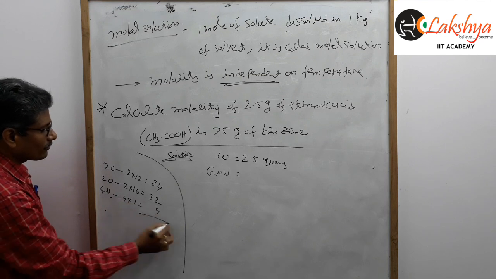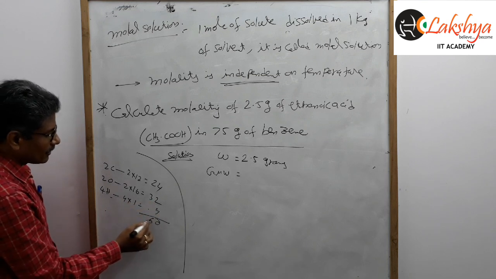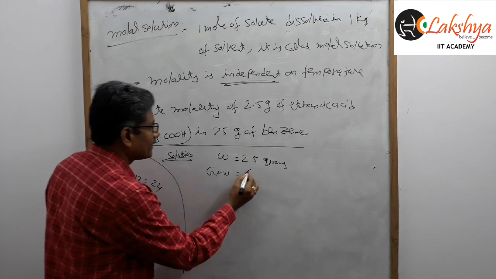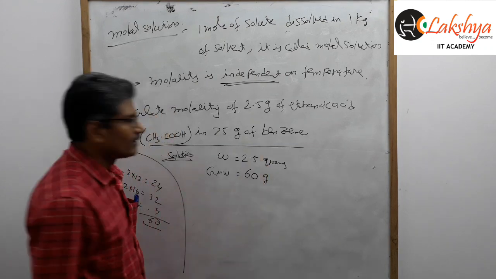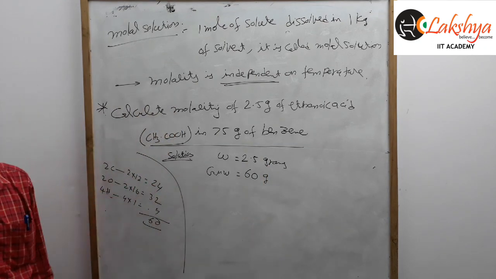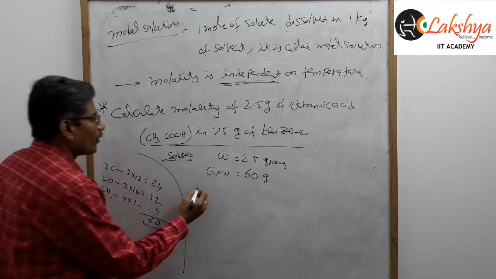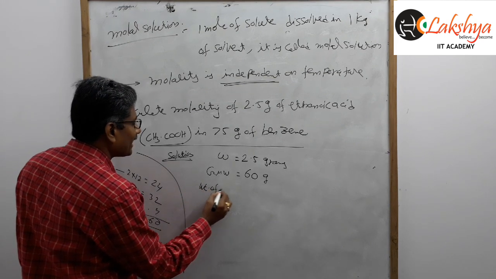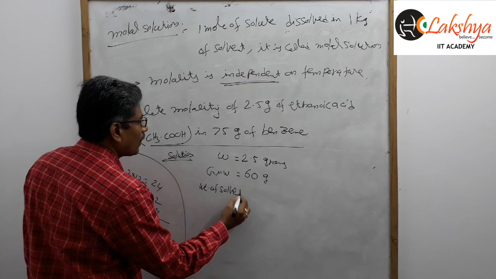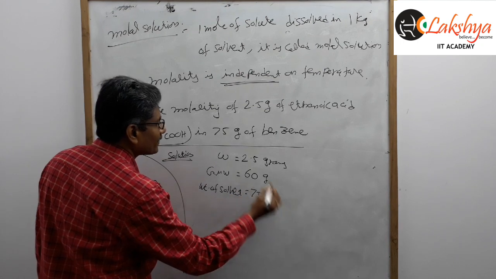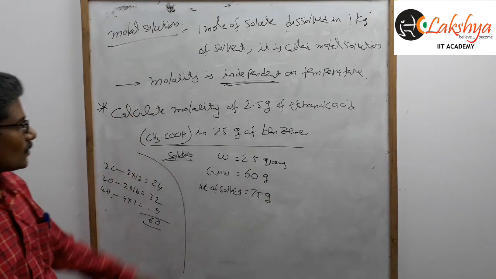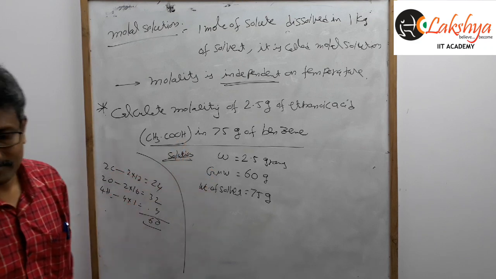Hydrogen atom 1, that is 4. 24 plus 32 plus 4 is 60. Gram molecular weight of acetic acid is 60. And he gave weight of solvent is equal to 75 grams. So that was the given data.